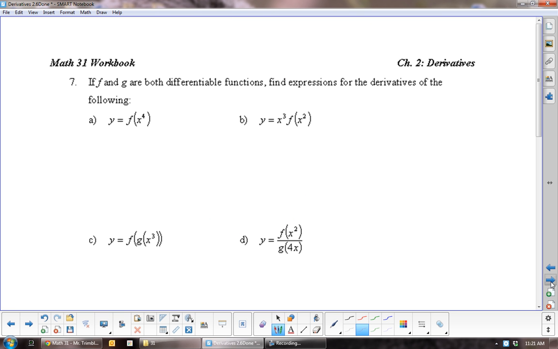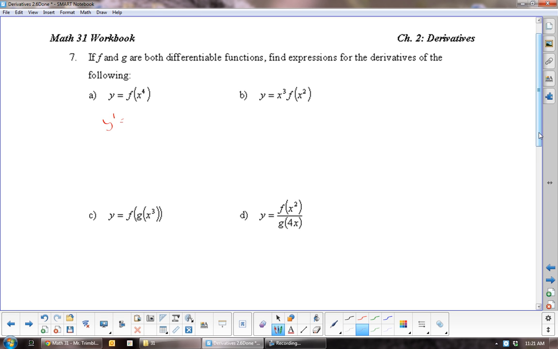So how do you do it when it's just the function? There's a function outside of x to the 4. X to the 4 is inside of the function f of x. So y prime equals: first do the derivative of the outside, which would be f prime of x to the 4.